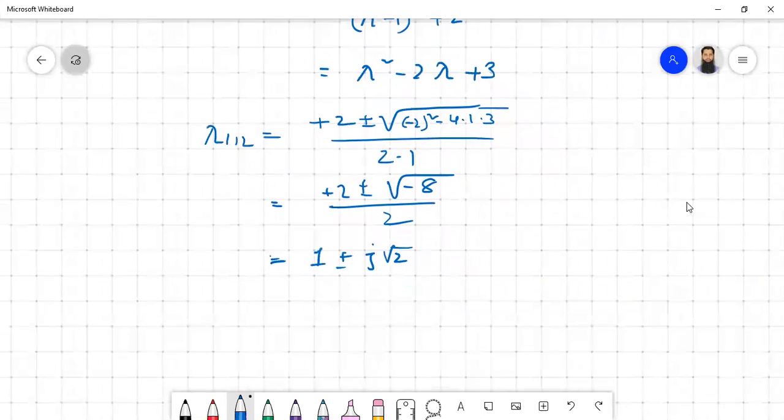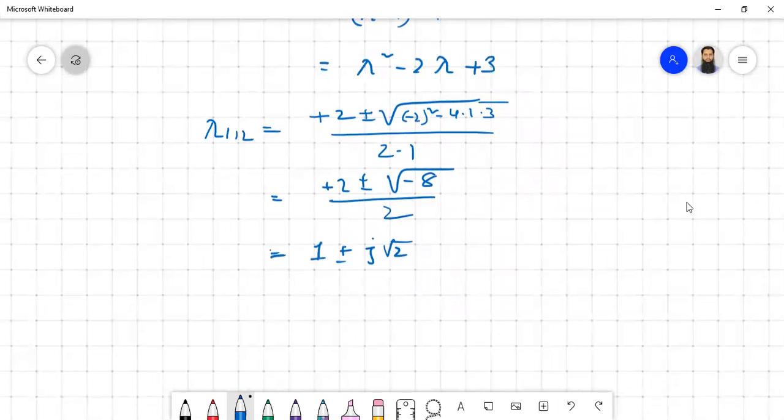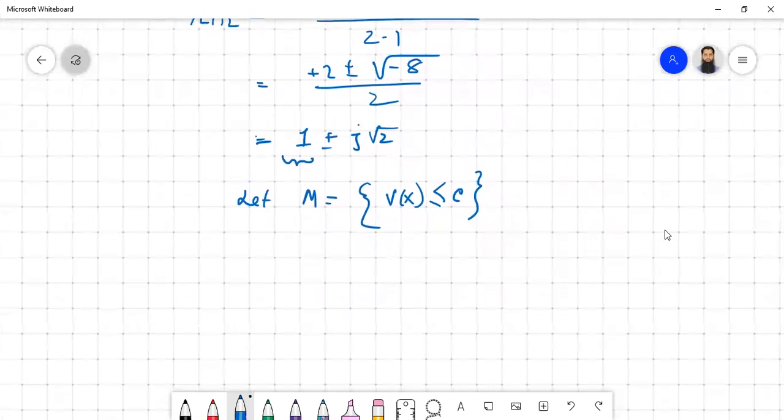As you can see here, we have a positive real part according to the theorem. Let's define M as a zone where V(x) is less than or equal to C, defined by a surface.